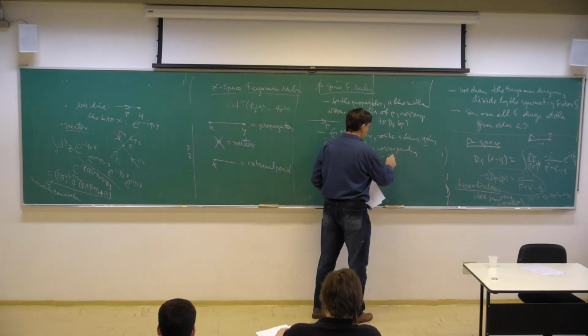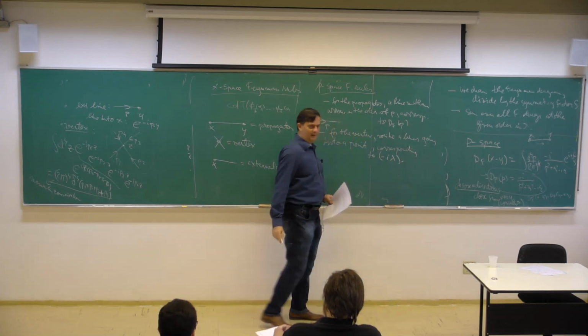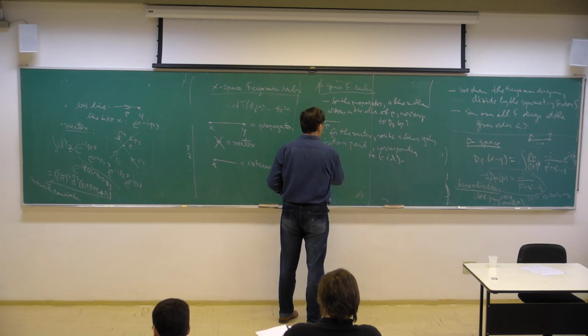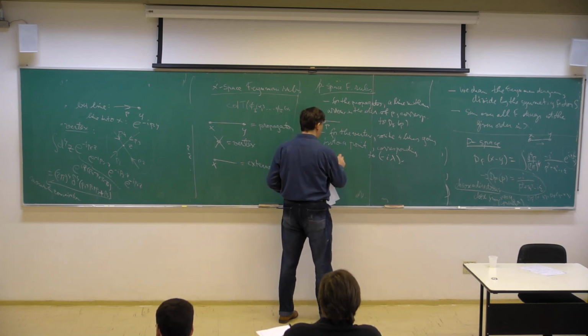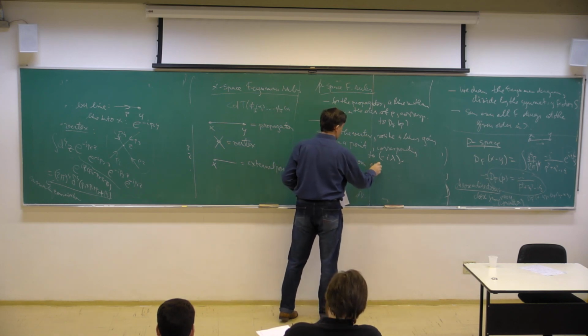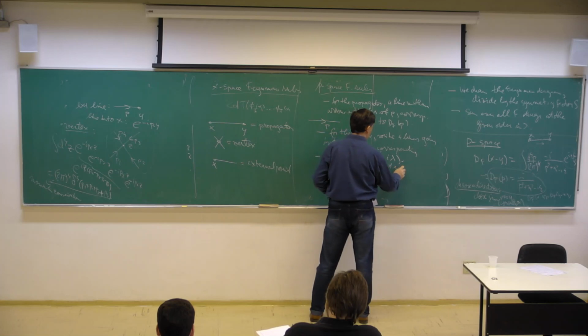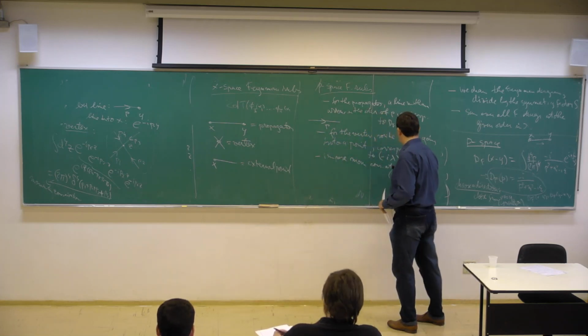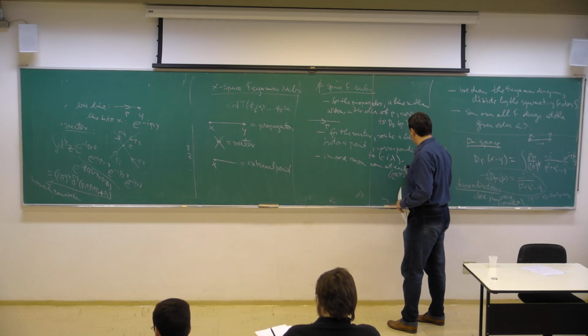But in either case, I do have this factor minus I lambda. And then let's say impose momentum conservation at each vertex. It's 2 pi to the 4 delta of the sum of the p's.